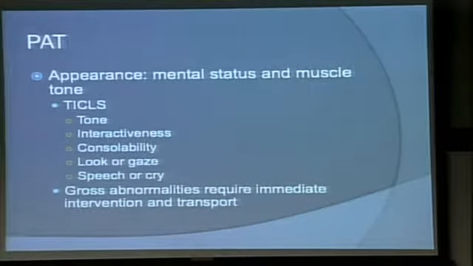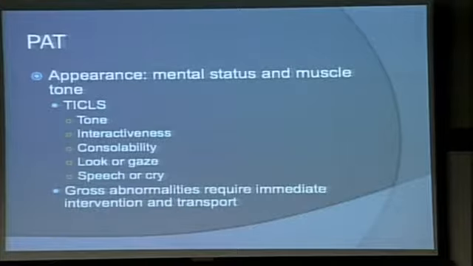Look or gaze. In other words, is the child looking at things, or are they not there? The light's on, but they're not home. Speech or cry. An older child can speak. Do they have normal speech for the age? Are they speaking? Is their cry abnormal?